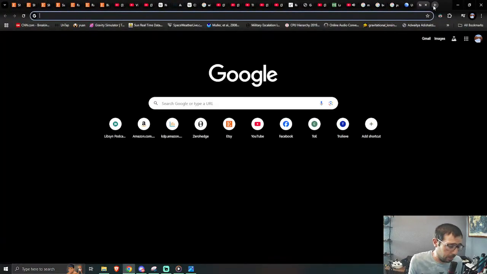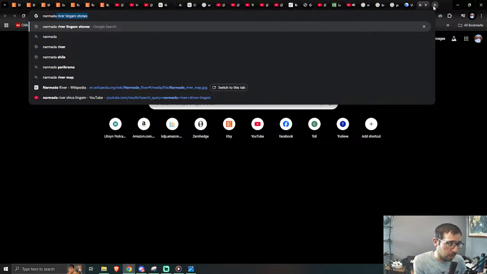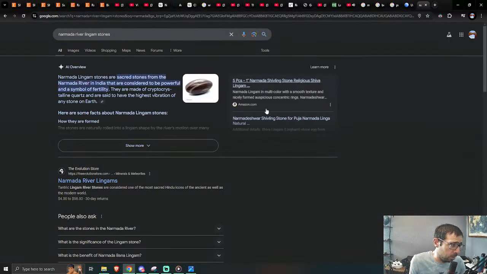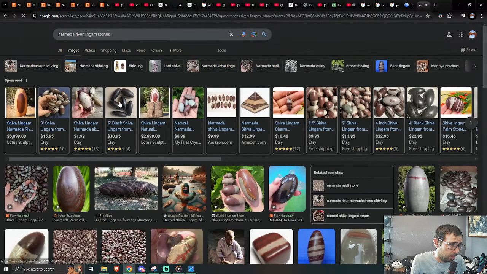But I mentioned in one of the shallogram zone episodes the Narmada River lingam stones that the Mangalam jewelry vendor is sending me one of to check out. Until he actually described them, it was my interpretation that they were just shaped, like someone did this.